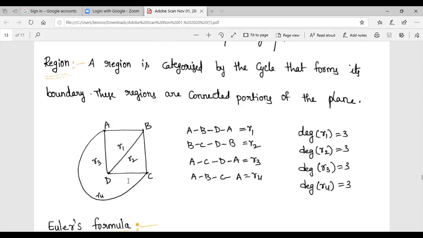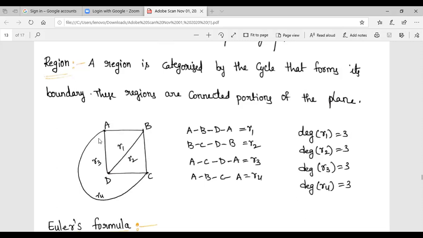The cycles of the regions are: first one A, B, D, A, this is region 1, and B, C, D, B, this is the second region, and A, C, D, A is the third region, and A, B, C, A is the fourth region.